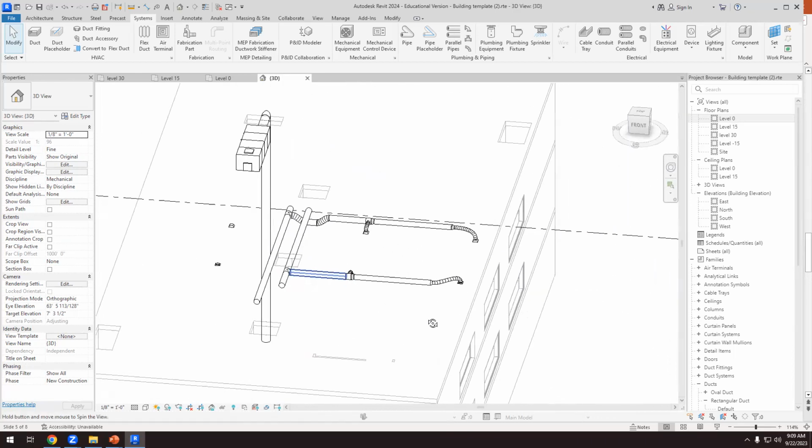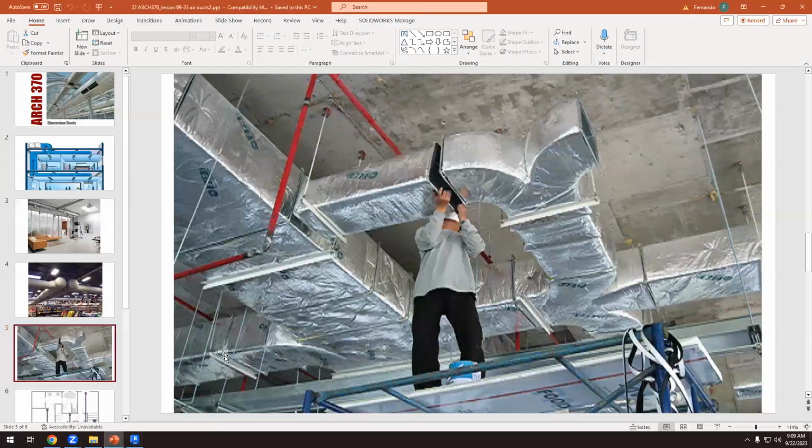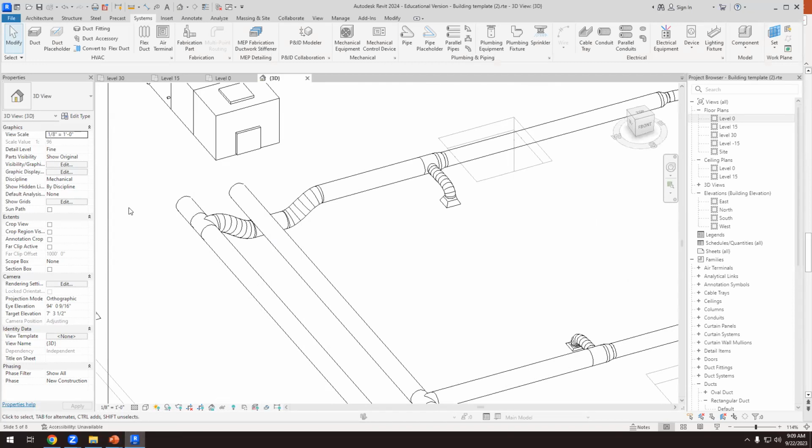So we need to understand what the problem is and why we are doing this. Because I am thinking of this guy. So I want to make his life easier. You can say, okay, forget about it. He gets paid for this. He will solve all the conflicts. But if he sees this layout first, he knows where the conflict is going to be, and he can plan his work accordingly.